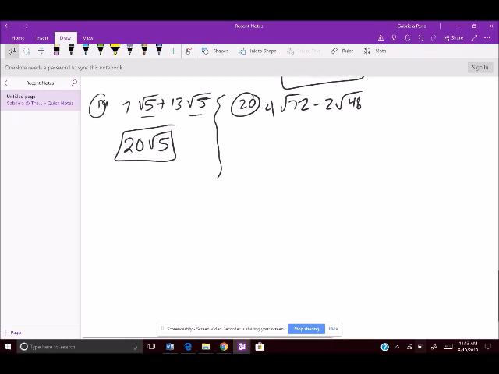Are the square roots the same? No. So this 72, I have to break it down into a number that I could take the square root of, which is 36 times 2. The 48, we broke it down above. So 48 is the square root of 16 and 3. What is the square root of 36?